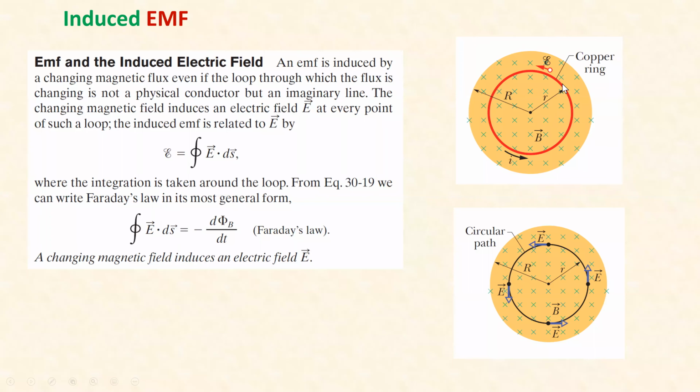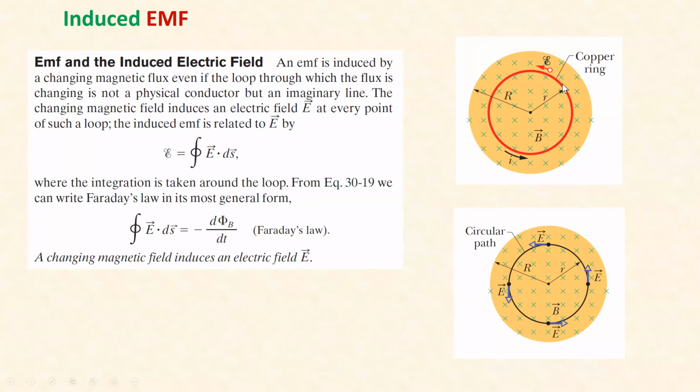N times area times B. But N is lowercase n times L, so n times L, then area, and then B is mu naught n times I. So phi B is that, for the length L of that solenoid.